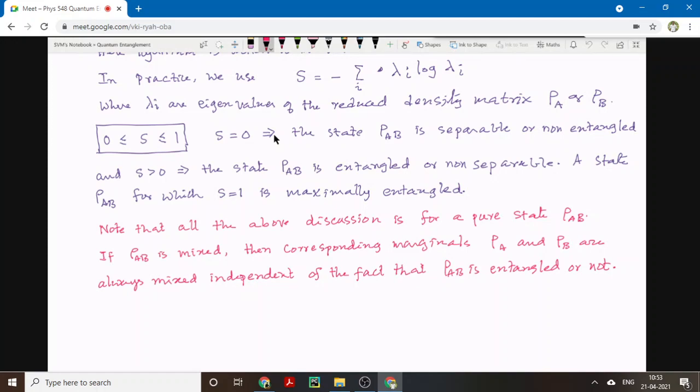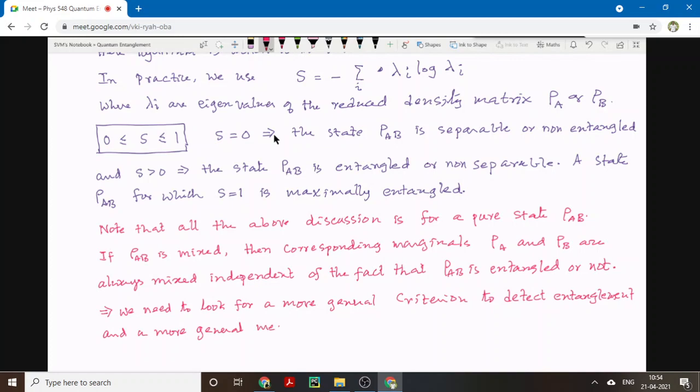So this implies we need to develop, or we need to look for, a more general criterion to detect entanglement, and a more general measure of entanglement.